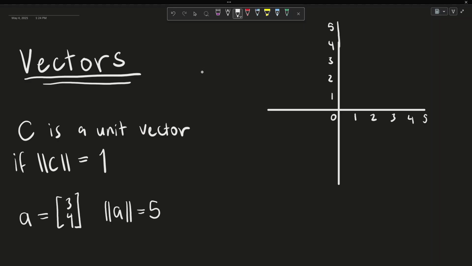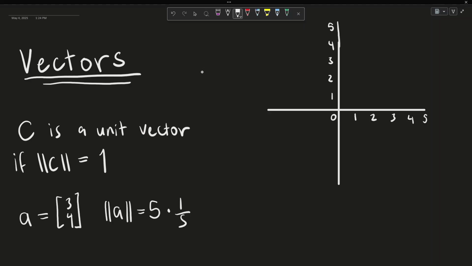So if we wanted to make this vector a unit vector with magnitude 1, what we do is we divide this vector by 5, because 5 divided by 5 is 1. So to make the magnitude 1, we simply need to multiply the vector by that same value we multiplied the magnitude by, which in this case is just 1 over 5.